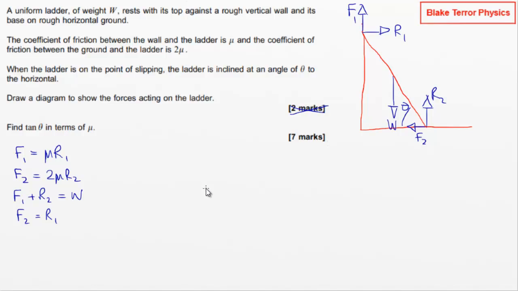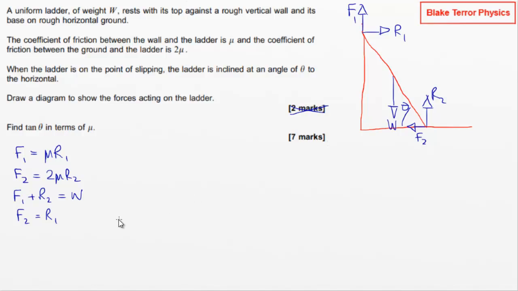So we've only got to do one moment here. It doesn't really matter where we take the moment about; it's going to work whatever we do. Let's try drawing the angle down at the bottom, and do moments about the touching point on the wall.